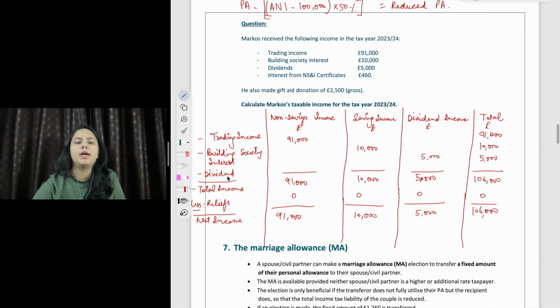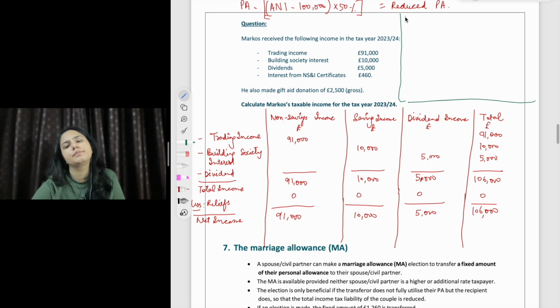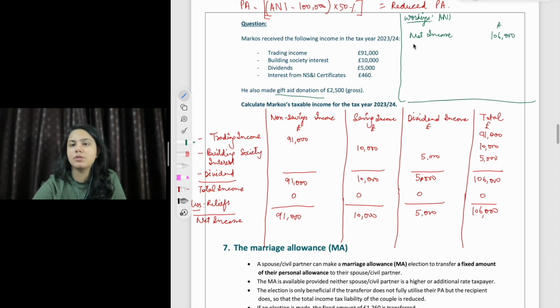Alright, let's do the calculation here. ANI is calculated by taking our net income, which is 106,000, minus gross gift aid donations. There is no gross personal pension contribution.